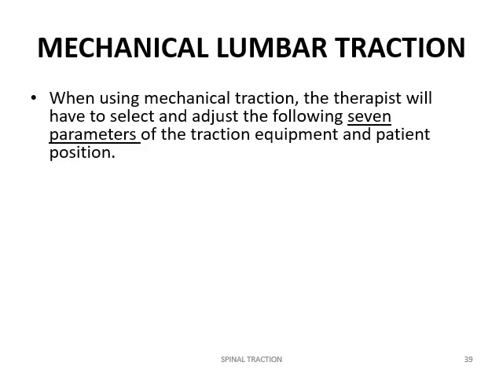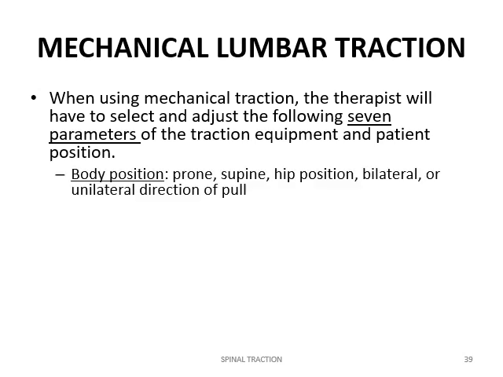When using mechanical traction, the therapist will have to select and adjust the following parameters of traction equipment and patient position. Body position may be prone, supine, or hip position, and direction of pull may be bilateral or unilateral. The amount of traction force used can be adjusted.